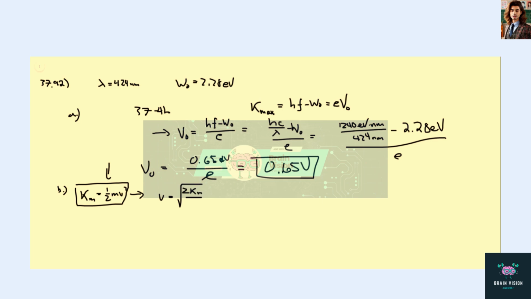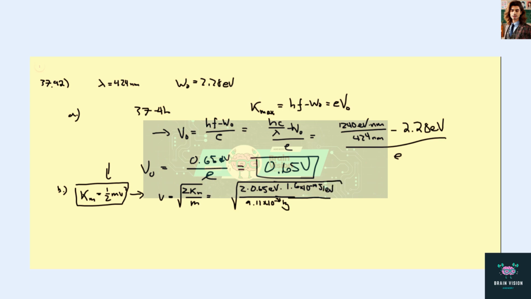But let's rearrange this for v, and we get v is the square root of 2 Kmax over m. So we can solve this for the speed, and we'll get 2 times 0.65 eV over 9.11 times 10 to the negative 31 kilograms. And to keep everything in SI units, let's convert this eV to joules by multiplying by 1.6 times 10 to the negative 19 joules per eV.